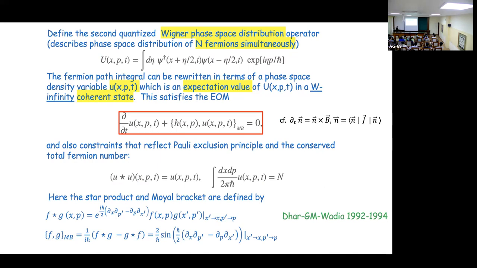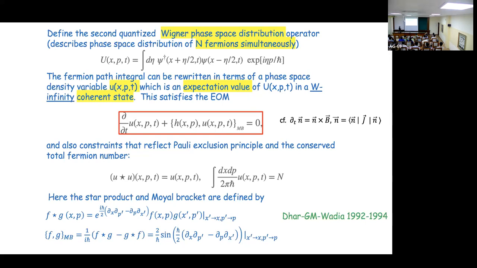If these were just single wave functions, then this would have been a single particle Wigner phase-space distribution. Now this psi is a second quantized field, so this is the second quantized Wigner phase-space distribution. The job of this is to describe the phase-space density of N number of particles at one shot.